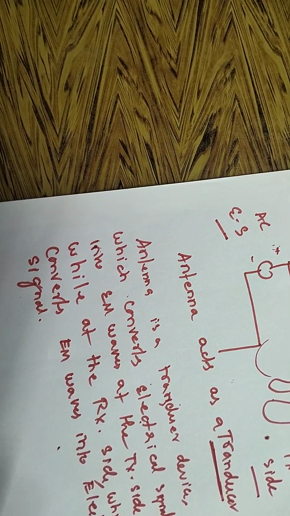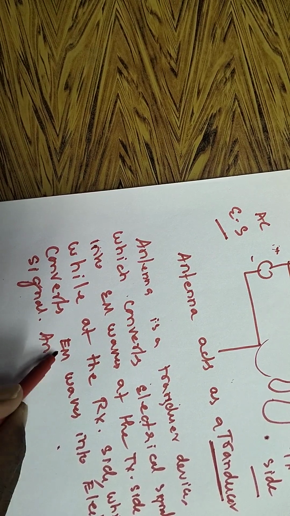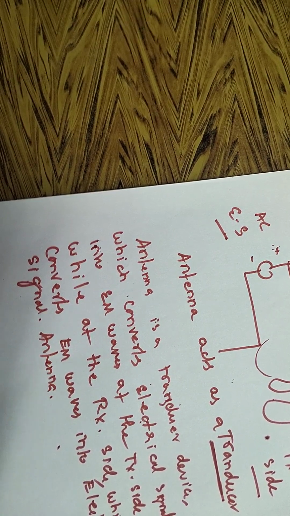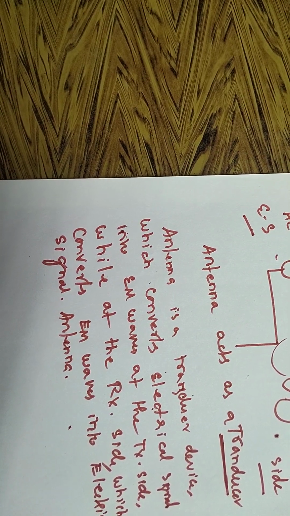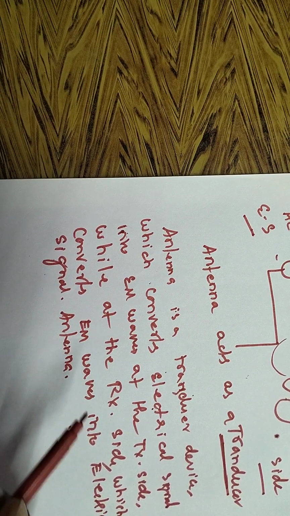This is called a transducer. So this is the definition of antenna and how the radiation is established into free space with the help of dipole operation.